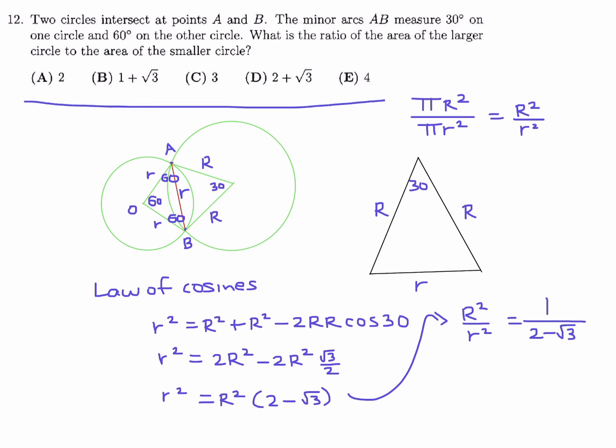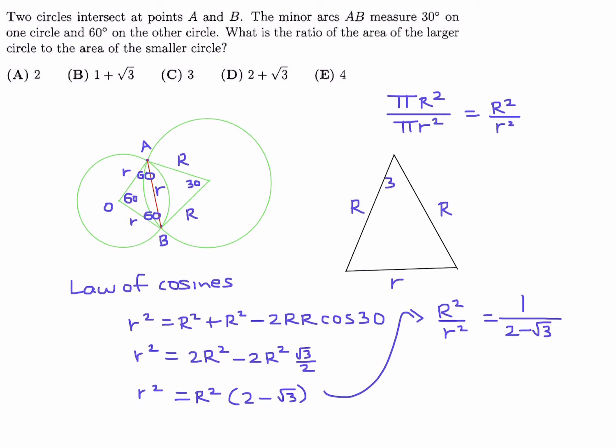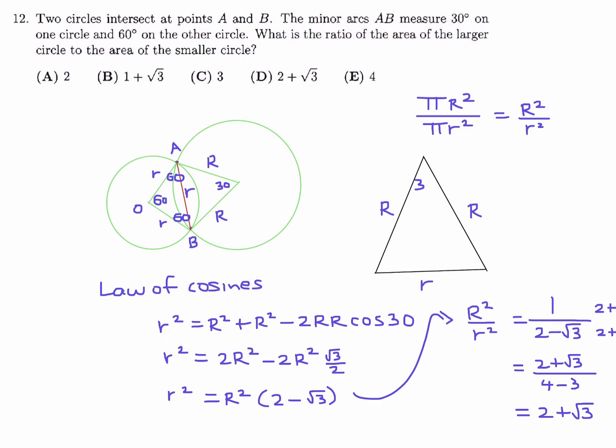But obviously it doesn't look like any of the answer choices, and that's pretty easy to understand why, because they just rationalize the denominator. So multiply top and bottom by 2 plus root 3, the conjugate, and you get 2 plus root 3. And on the bottom, you get 4 minus 3, which is just 1. So there we go, 2 plus root 3. And therefore, the answer is D for number 12.